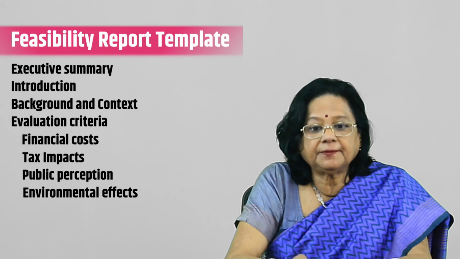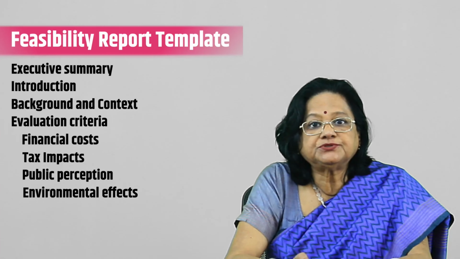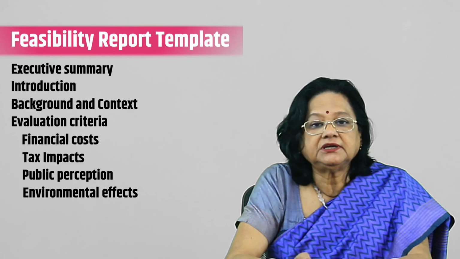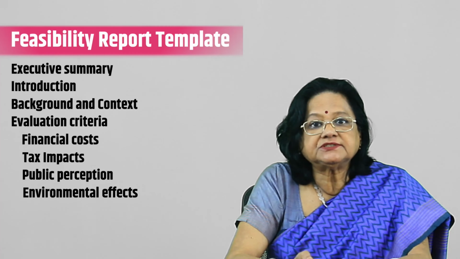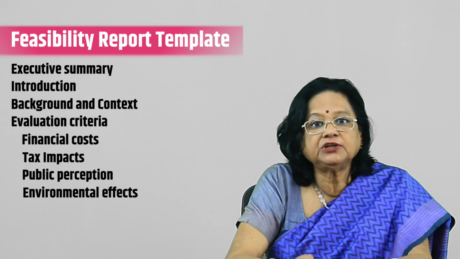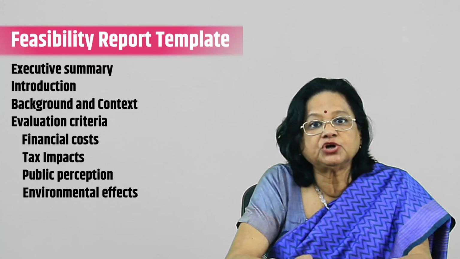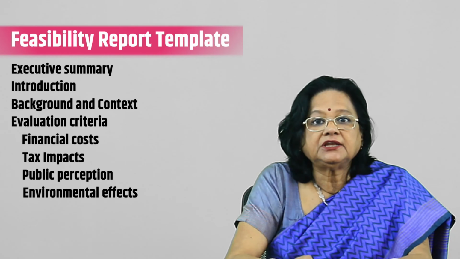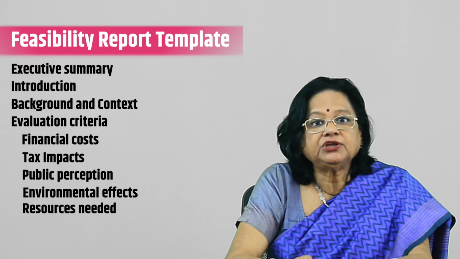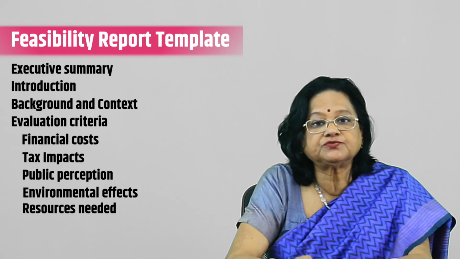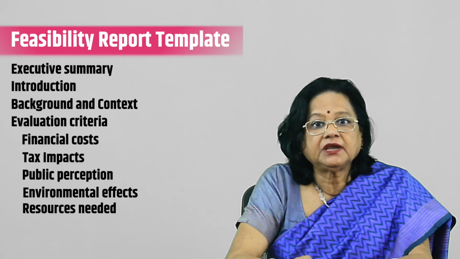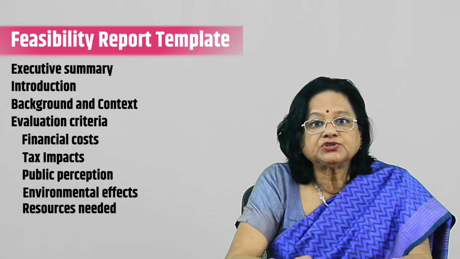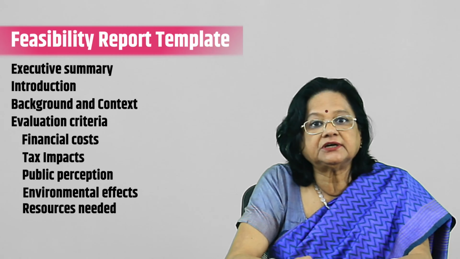If your company values environmentally friendly choices, you could consider including the environmental effects of an approach in your report. Resources needed. You may need certain resources for different potential approaches. So you could evaluate the resources needed as one of your criteria.